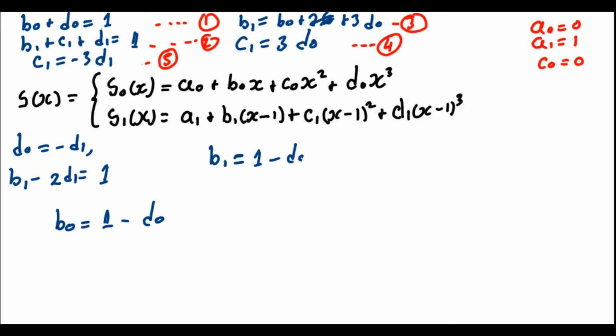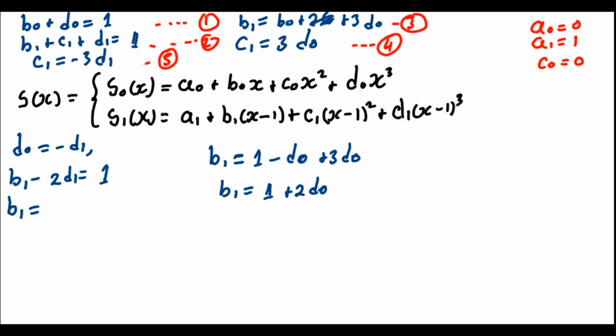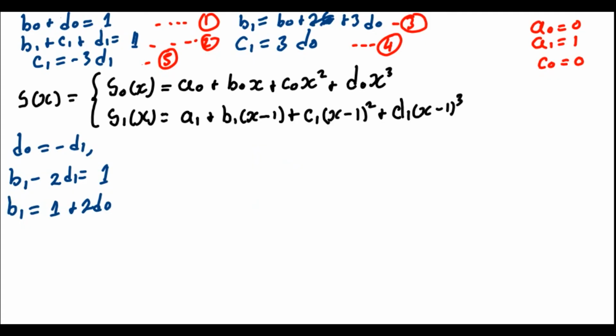So we don't have to bother ourselves with that. Then that would be plus 3D naught. So our B sub 1 will be equal to 1 plus 2D naught, like that. Okay, so we are getting close. So I can write it as B sub 1 is equal to 1 plus 2D naught.